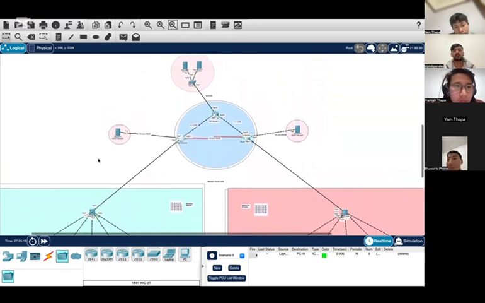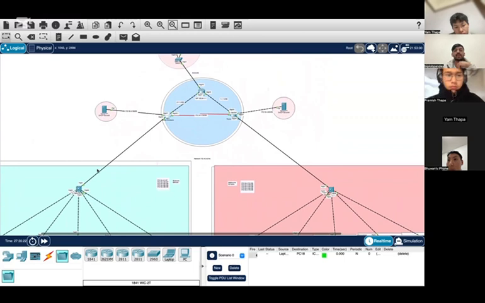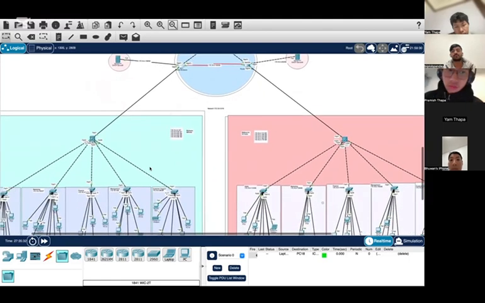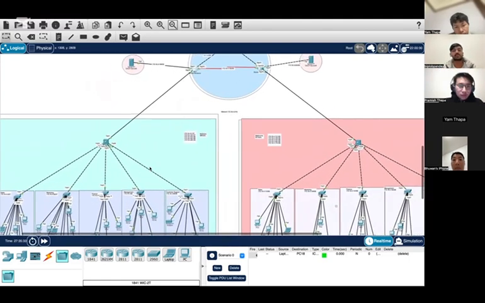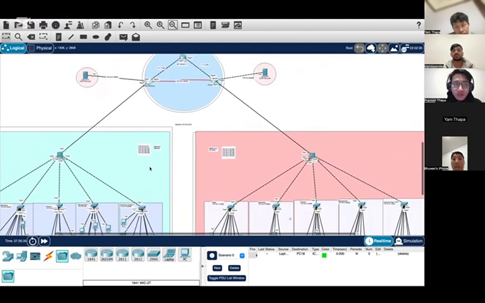We have used VLANs to segment departments like sales, marketing, finance, management, and customer support. These VLANs are configured on the distribution switches, while the access switches are set for VLAN, ensuring that devices from different departments are logically isolated.